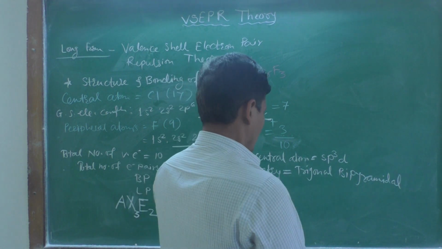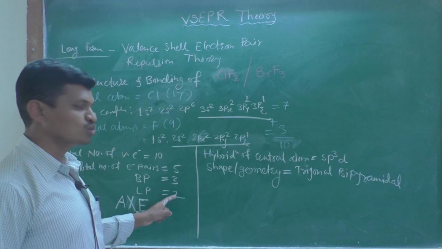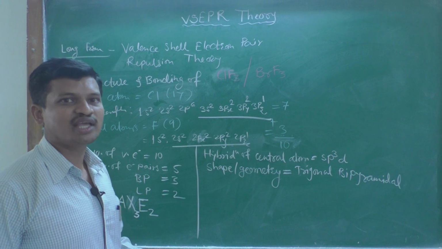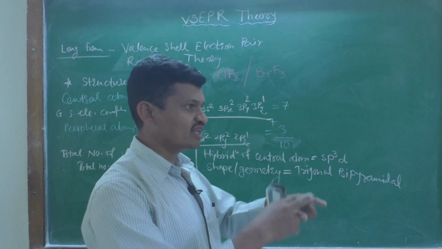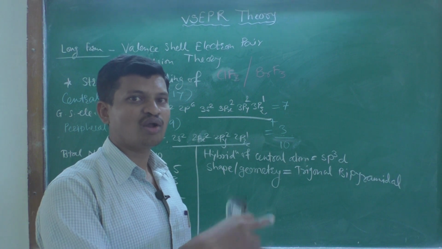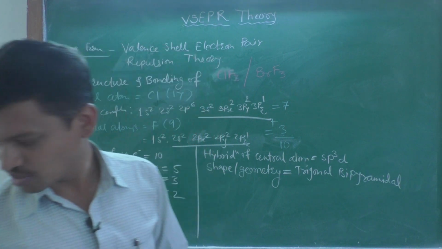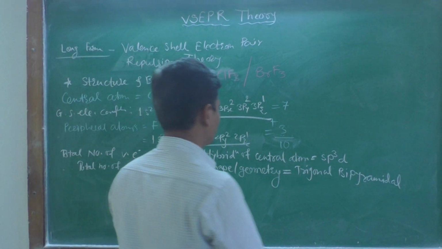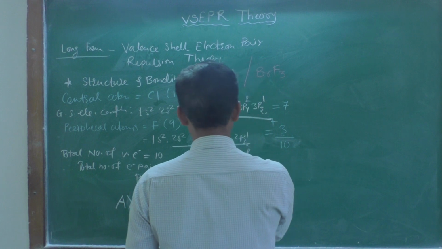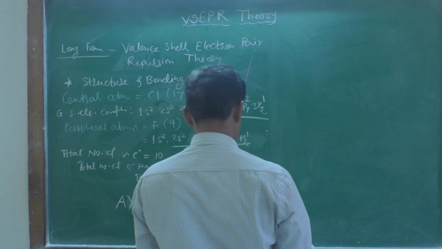Now there are 3 possibilities for where these 3 bond pairs and 2 lone pairs can be placed, either in the planar triangular face or in the axial positions, towards the axis of the molecule. Now we will see these 3 possibilities.